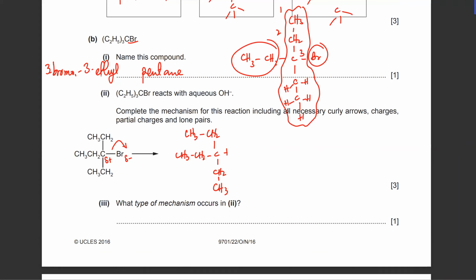The carbocation is formed, the Br leaves. Then the OH minus nucleophile with its lone pairs makes the entry and eventually forms the alcohol. So it becomes an alcohol. Just complete it.